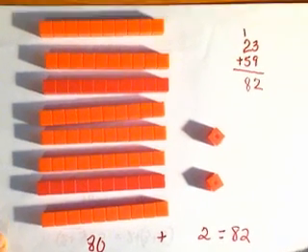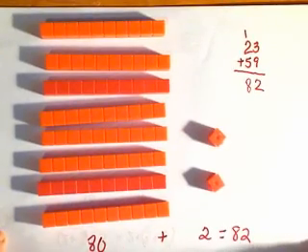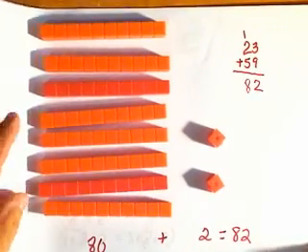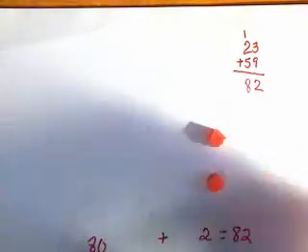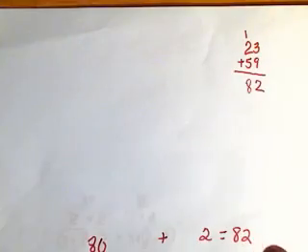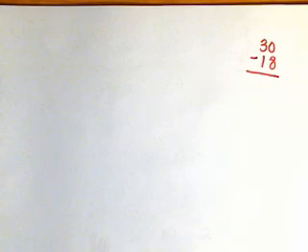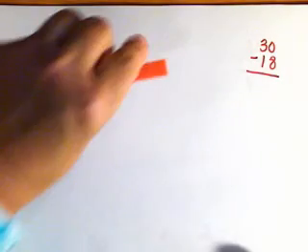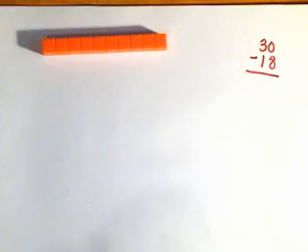Okay, so there's 30. Now I need to take away 18. But there's a problem there because I don't have anything to take away except 10. I can't take 18. So what I have to do is trade this for 10 of those units. 2, 4, 6, 7, 8, 9, 10.